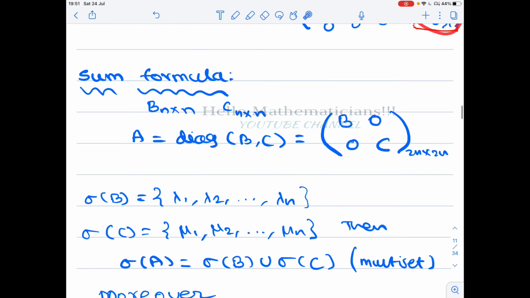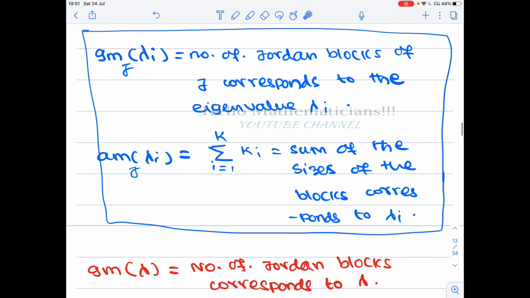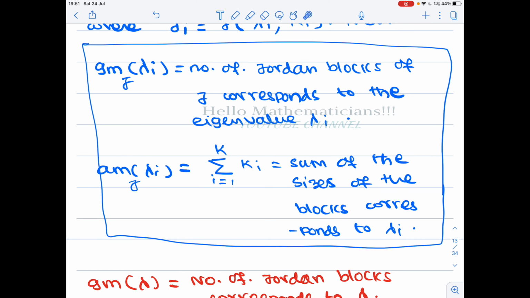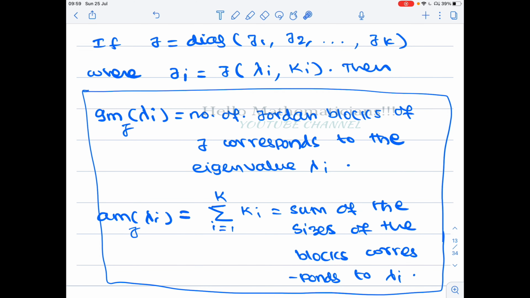Now, given such a matrix, the result we observed is: suppose lambda_i is an eigenvalue of J, then the geometric multiplicity of lambda_i is equal to the number of Jordan blocks of J corresponding to the eigenvalue lambda_i, and the algebraic multiplicity of lambda_i in the matrix J is equal to the sum of the sizes of the blocks corresponding to the eigenvalue lambda_i.